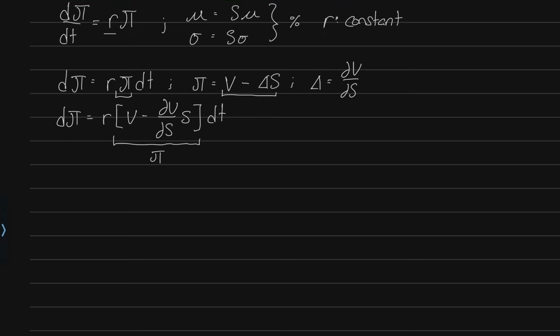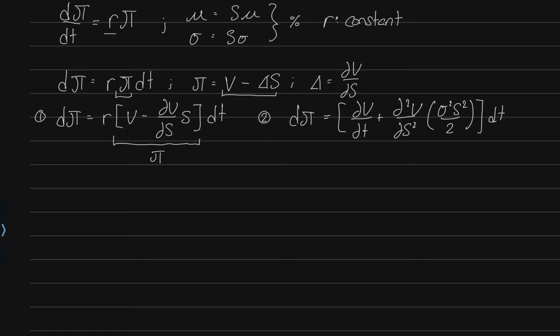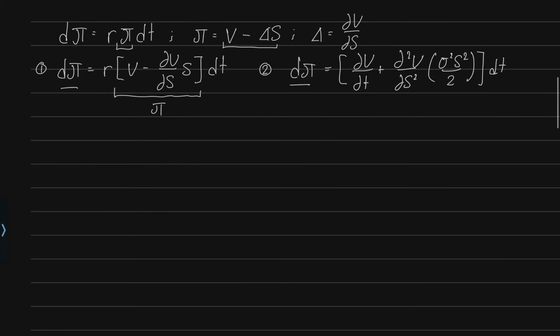Okay, now this is going to be one representation, and again, the second representation we had of d pi is going to be as follows, which we derived in the last video. We said that it's equal to the partial derivative of our financial derivative with respect to time plus the second partial derivative of v with respect to s, times sigma squared s squared over 2, all times dt. So now we have two representations for the same thing. So obviously we can set them equal to each other.